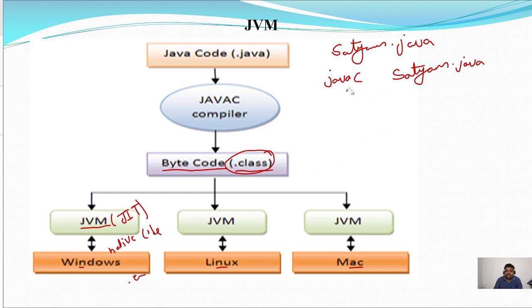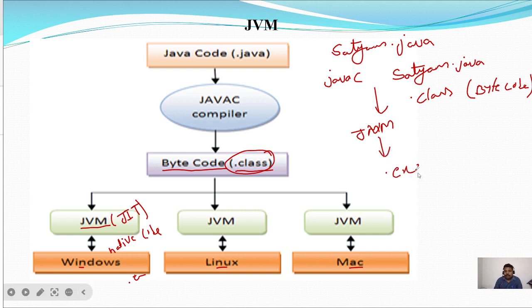So after javac Satyam.java, if there is no error, the dot class file is generated, which consists of bytecode. This is the intermediate code. Then the JVM takes that bytecode and converts it into an .exe file. So this is the execution process.